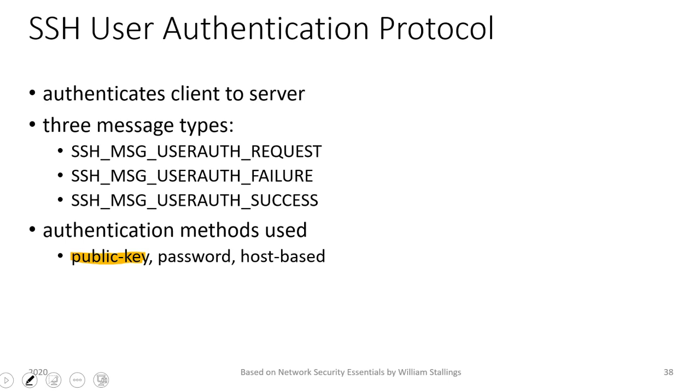There can also be password based authentication or host based authentication. The main three messages relevant to the SSH user authentication protocol are the user authentication request, failure, or success.